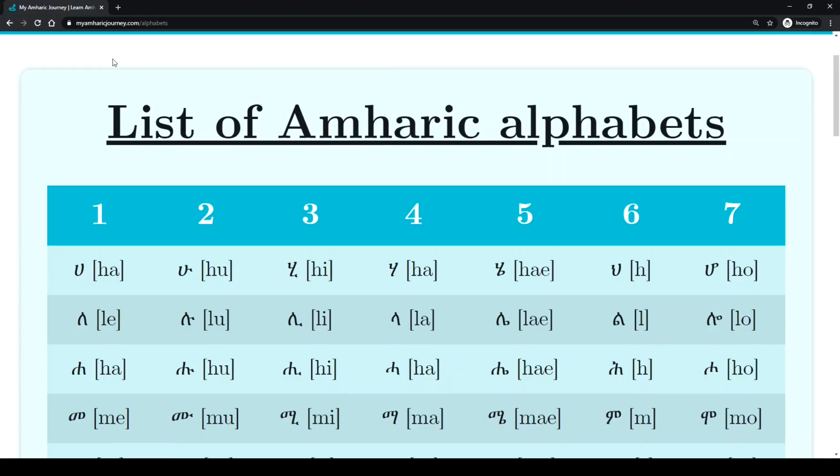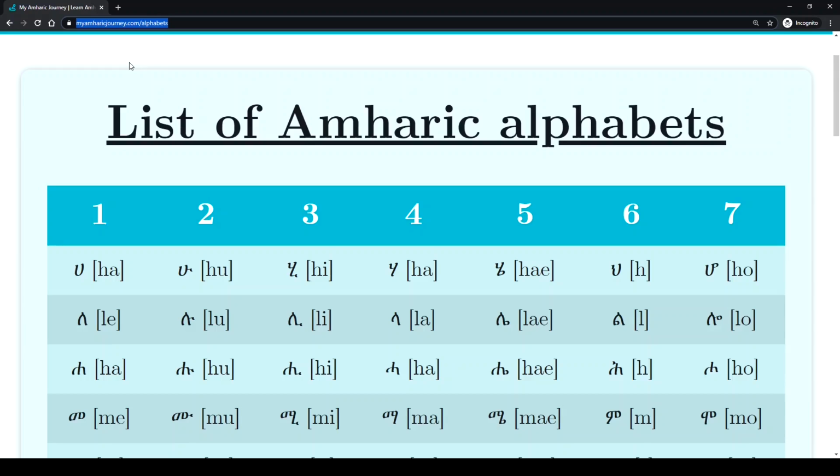In today's journey, we will start a new series where we discuss the alphabets in Amharic. If you go to the address shown here, myamharicjourney.com/alphabets, you will find the Amharic alphabets that we usually use.